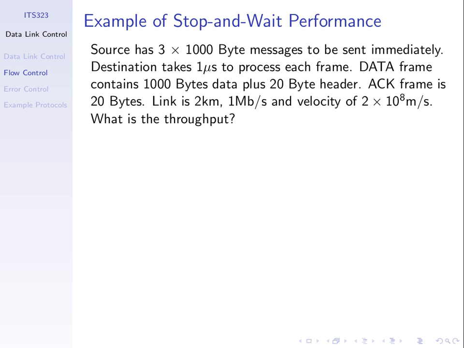Note when you divide by 1 mega, 1 megabit per second, if you simply divide by 1 instead of 1 million, you'll get the units in micro. Mega is 10 to the power of 6, the inverse is 10 to the minus 6, or micro. So 160 bits at 1 million bits per second is 160 microseconds.